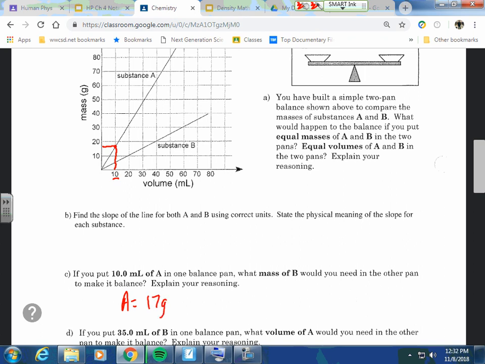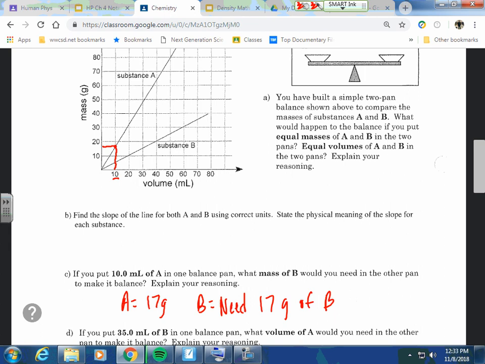So what mass of B would I need to have on the other side to make it balance? 17 grams. It's pretty simple.